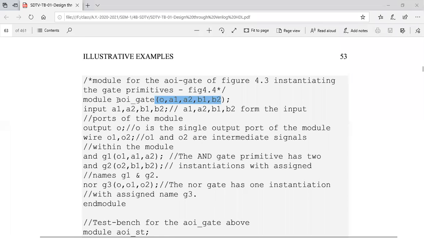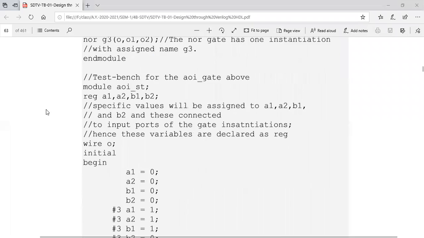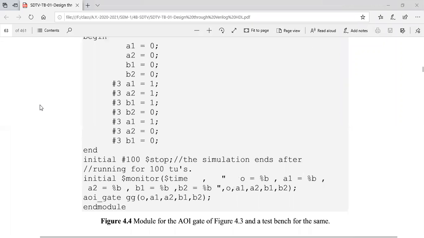This is the module, and I'm calling that AOI gate with the local name GG, and I am ending the total module.